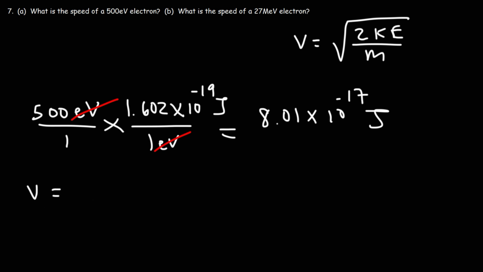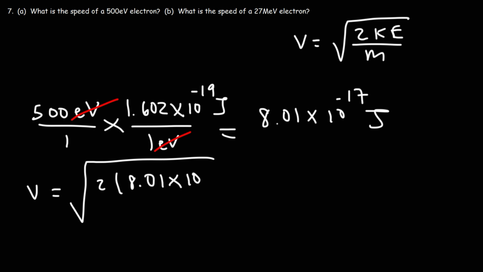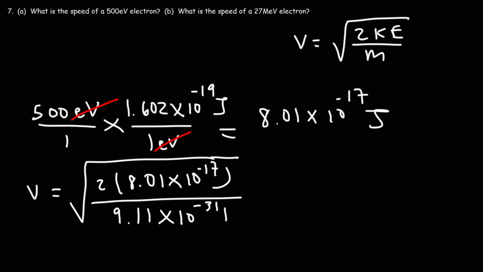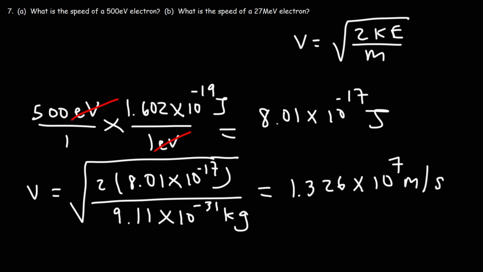So the speed of this electron is going to be the square root of 2 times the kinetic energy divided by the mass of an electron, which is 9.11 times 10 to the negative 31 kilograms. So the answer that you should get is 1.326 times 10 to the 7 meters per second. So that's how fast a 500 electron volt electron is moving.